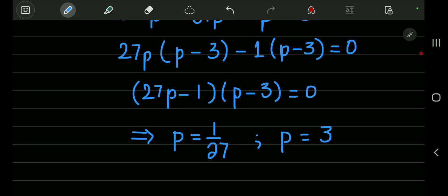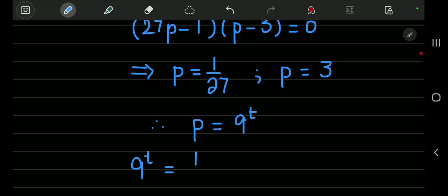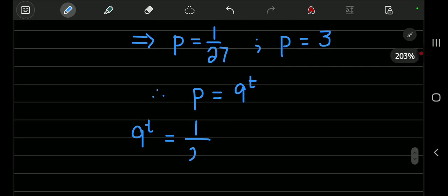But as they said solve, in that equation we have 9 to the power t, so we need to substitute back p equals 9 to the power t. So 9 to the power t will be equal to 1 over 27, and 9 to the power t will be equal to 3.